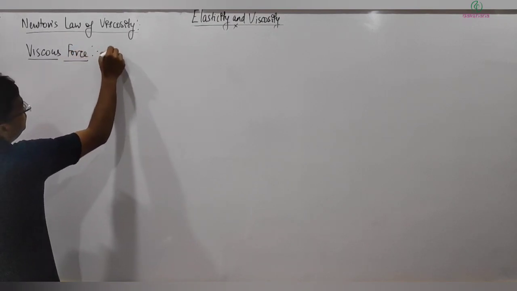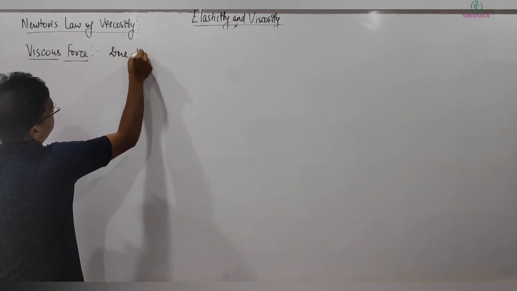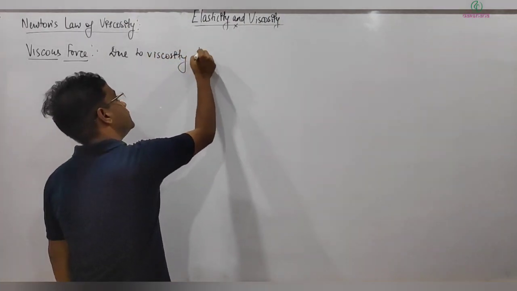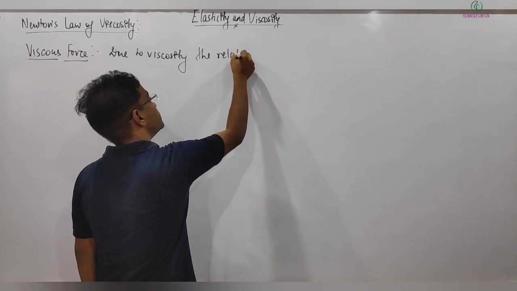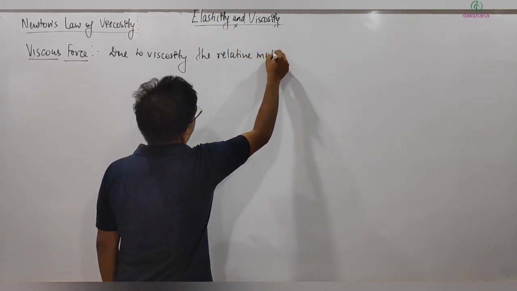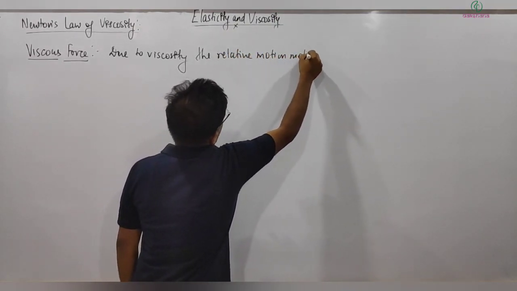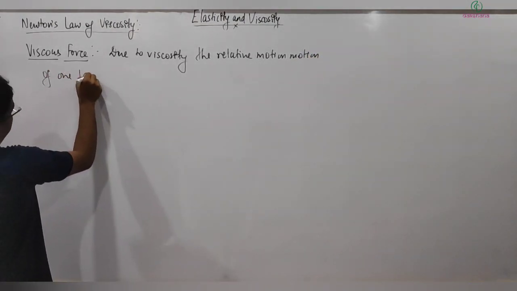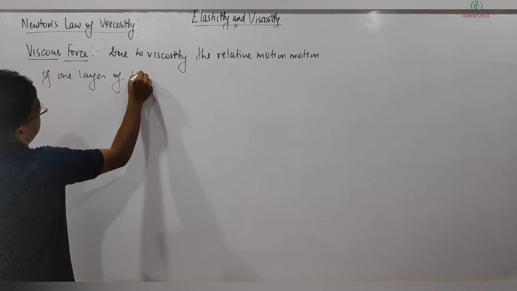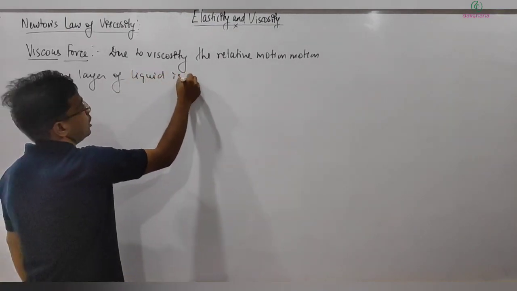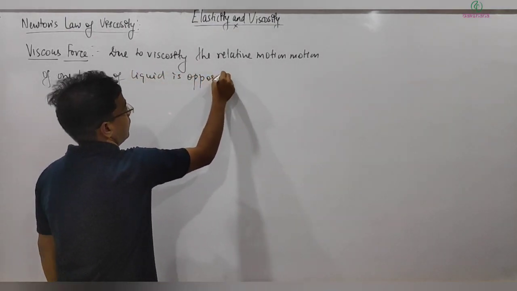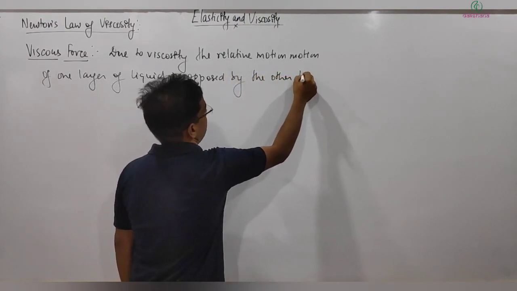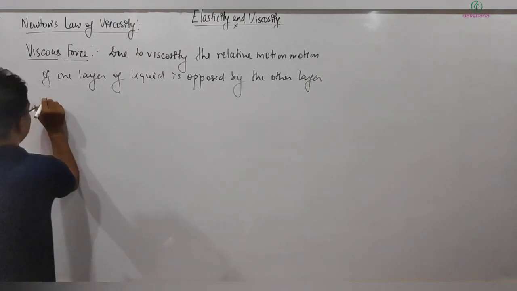You can write: due to viscosity, the relative motion of one layer of liquid is opposed by the other layer in contact.